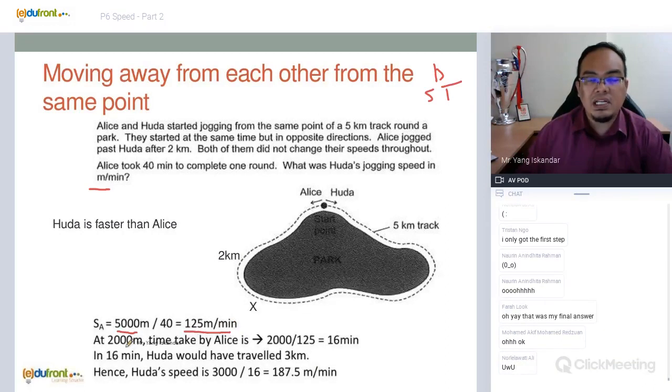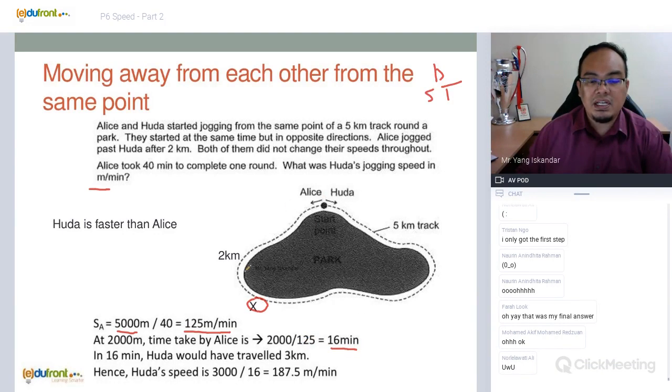So at 2,000 meters, which is at this point, the time taken by Alice is 2,000 divided by 125, since time is distance divided by speed. When she met Huda, she had only jogged 2 kilometers, which is 2,000 meters. Since her speed is 125, 2,000 divided by 125 gives you 16 minutes.